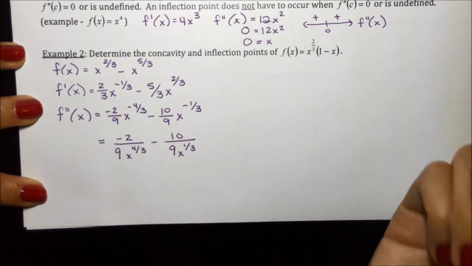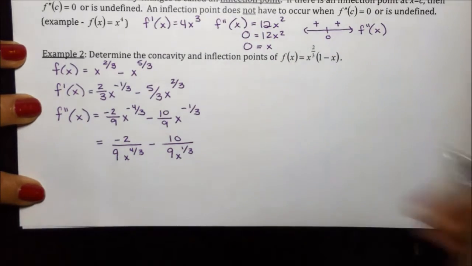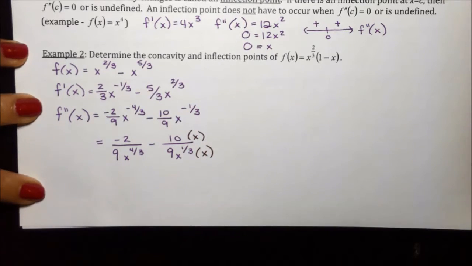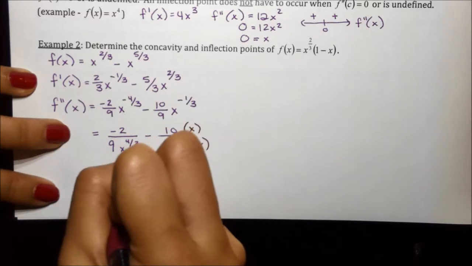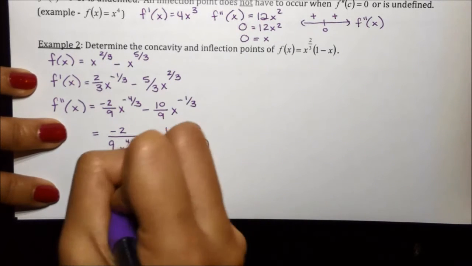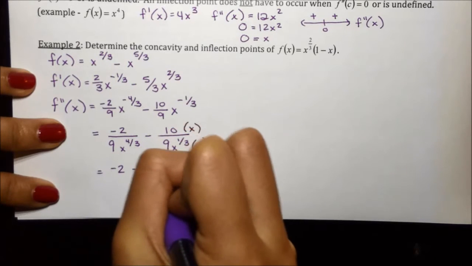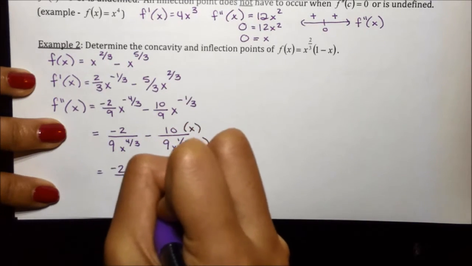And then to get these two to combine, I'm going to multiply this one by x, and so now I'm going to get the equation -2 minus 10x all over 9x to the 4/3.